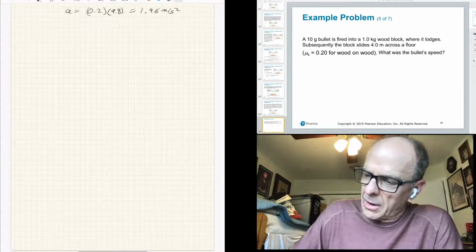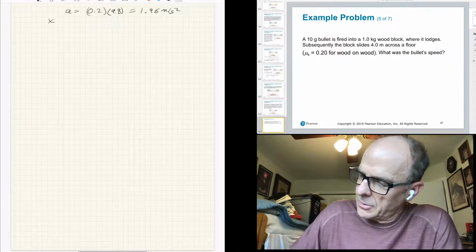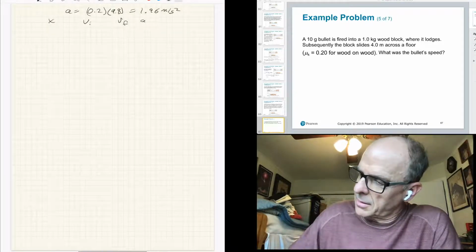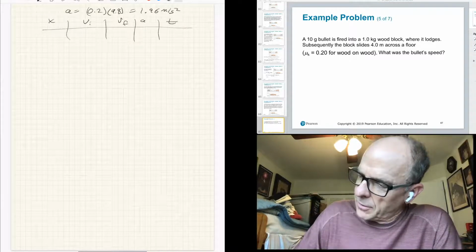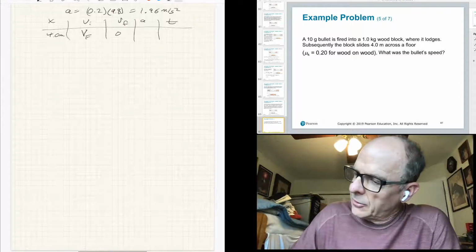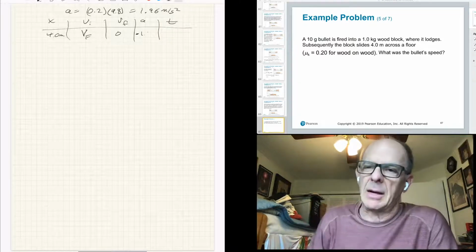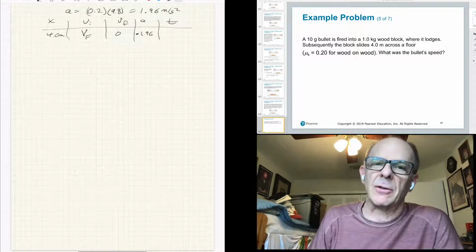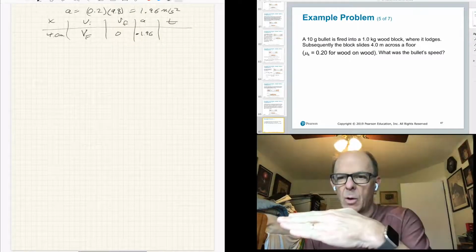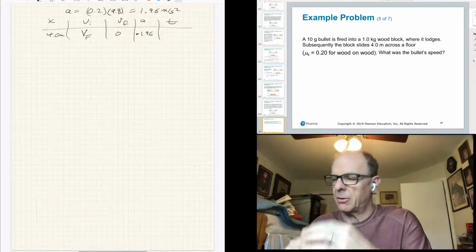So I'm just going to redraw my chart here with these parameters. It goes 4 meters. I'm looking for this velocity, which I call VF. This final velocity is 0. And the acceleration is minus 1.96. And I got to put that minus sign there because it's in the opposite direction of the displacement. The thing is moving one way, but it's accelerating in the other direction.